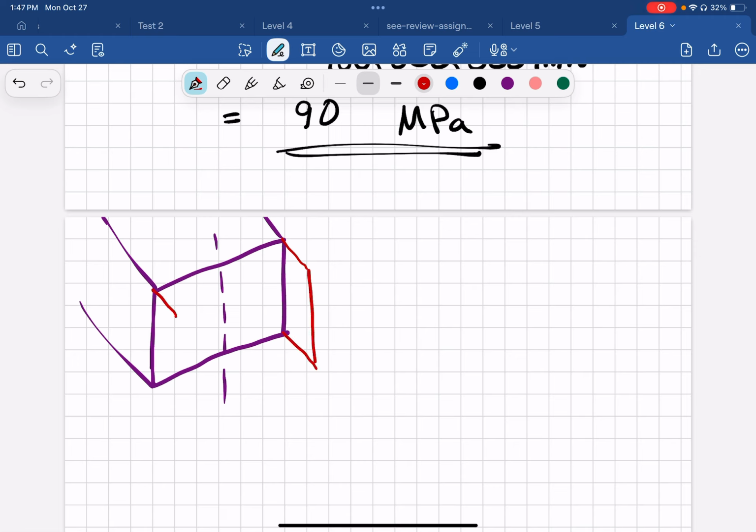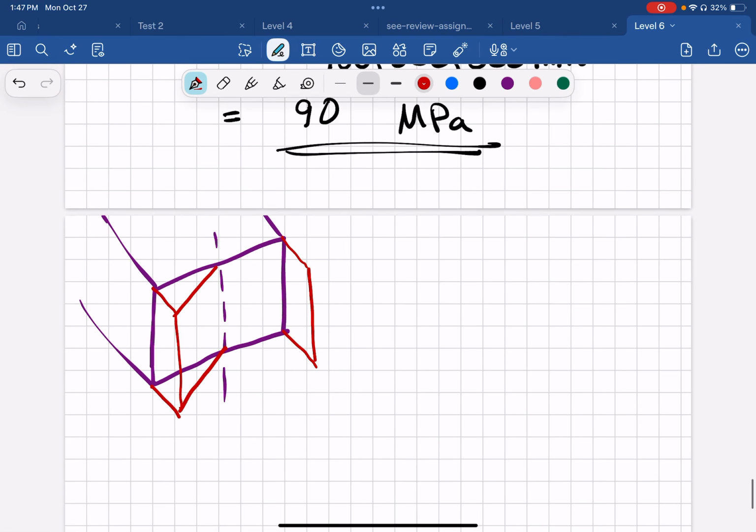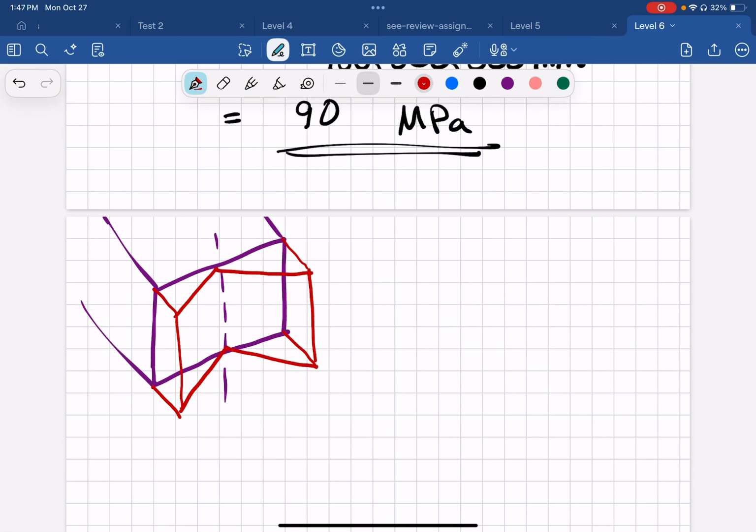So I'm going to go down to the center and back up. And the tension is on the right side, so like this. And then it'd be compression on this side. It would be the opposite if we drew it in the other direction. And that's it.